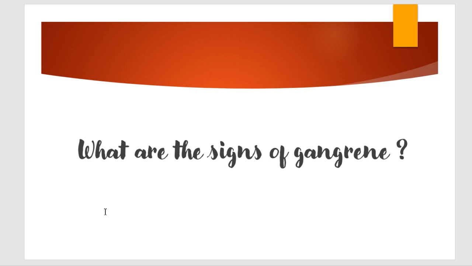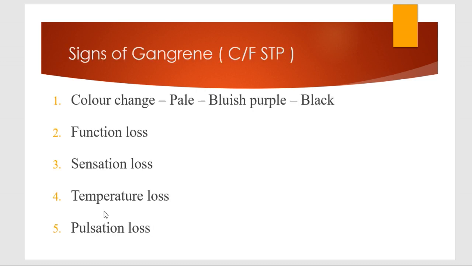Now, what are the signs of gangrene? You can remember the signs of gangrene by this: C, O, B, L, I, Q, U, E, F means clinical features. STP is usually used as standard temperature and pressure. STP. So C stands for color change.